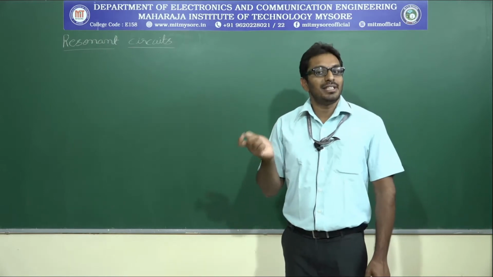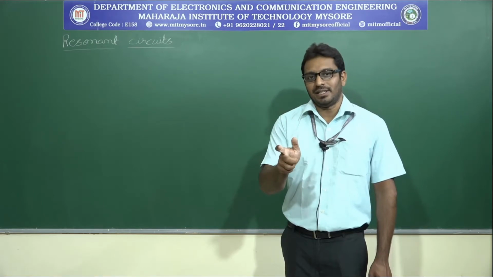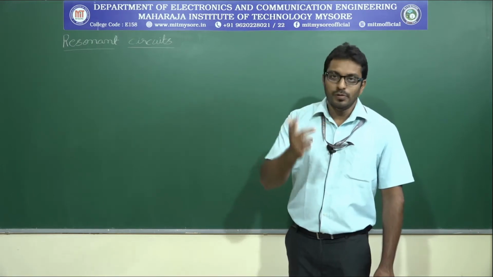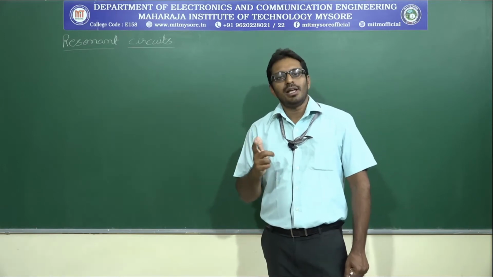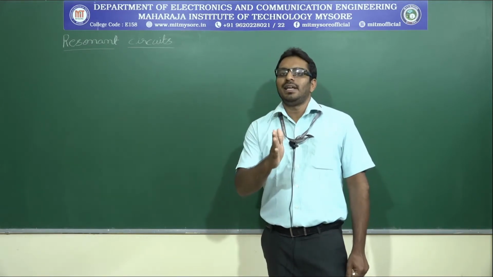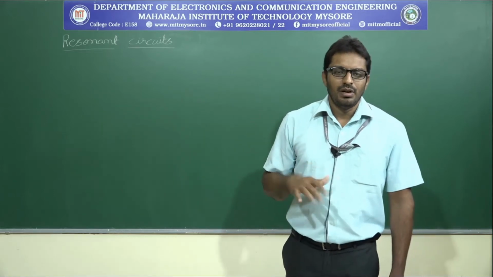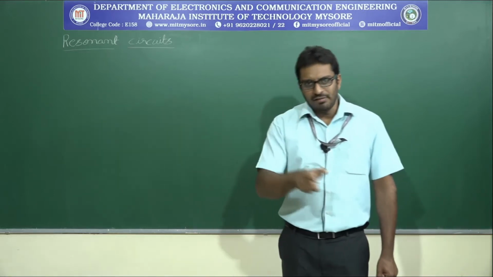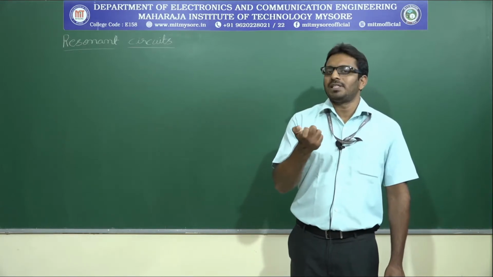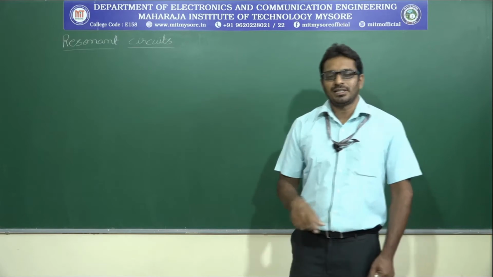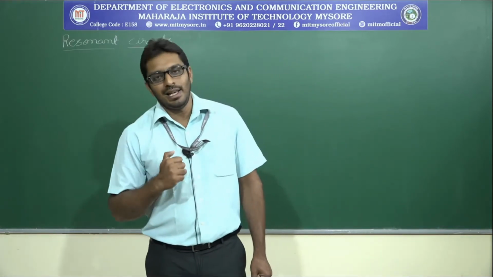What are the frequency dependent electrical elements? Inductor and capacitor. There are two ways to obtain a resonant condition. One is by keeping L and C values constant and varying the frequency, or else by keeping frequency constant and varying the values of inductor and capacitor, because inductor and capacitors are frequency dependent electrical elements.